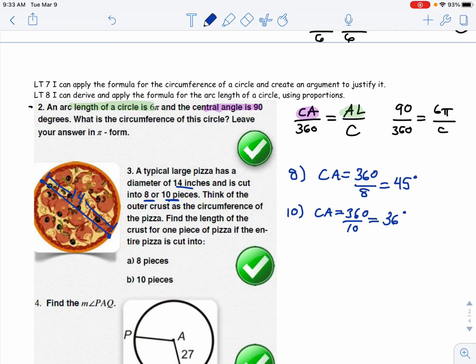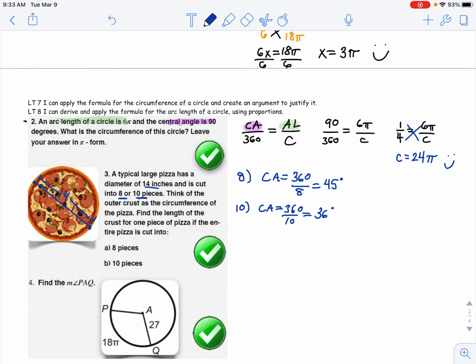We're gonna find the length of the crust for each case. So it's gonna be central angle over 360 equals arc length over pi times diameter, because we have the diameter in this case right here.